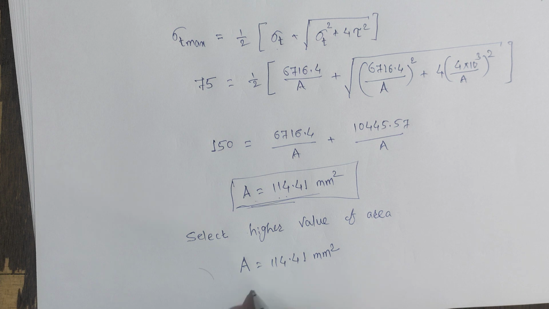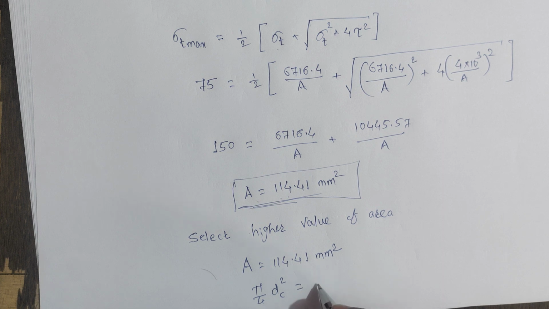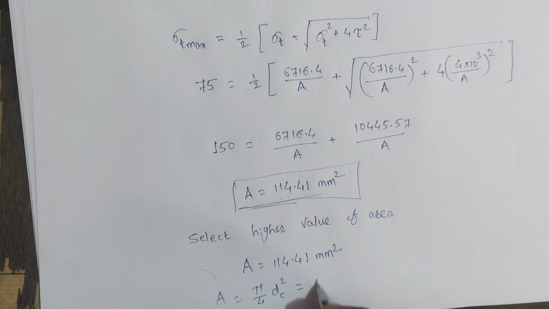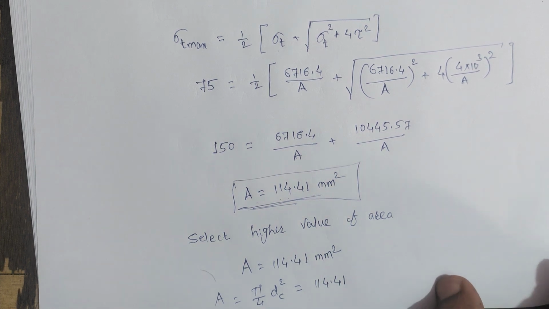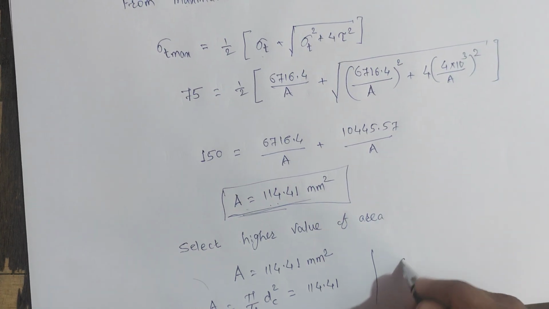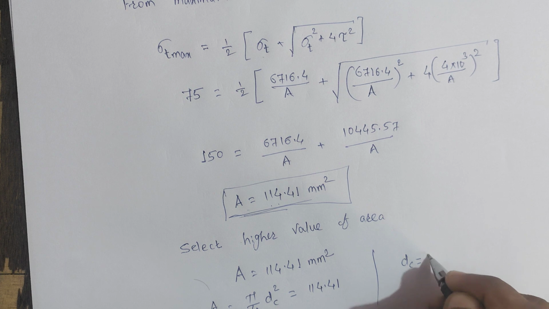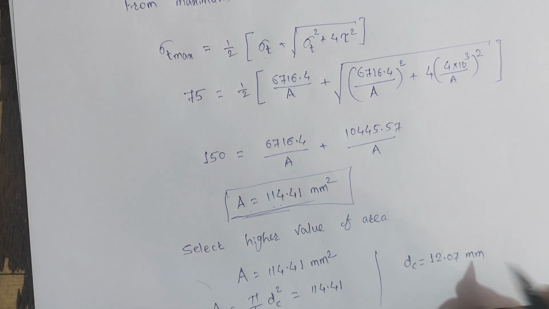So area is nothing but pi by 4 DC square, DC is the core diameter, equal to 114.41, and if we calculate this diameter from this, we'll get DC is equal to 12.07 mm.